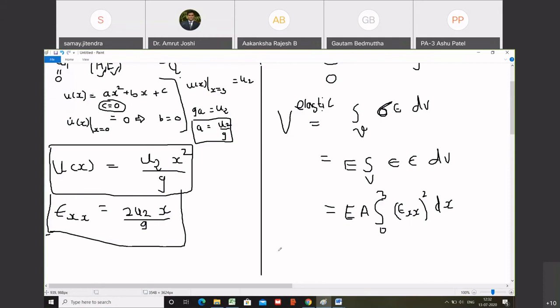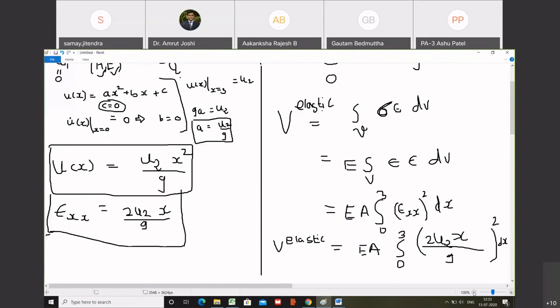So therefore, what is V elastic? Tell me. EA, right, into epsilon xx, which is going to be substituted as 2u2x by 9. Am I right? So it is going to be the integration from 0 to 3 of 2u2x by 9, the whole square, dx.